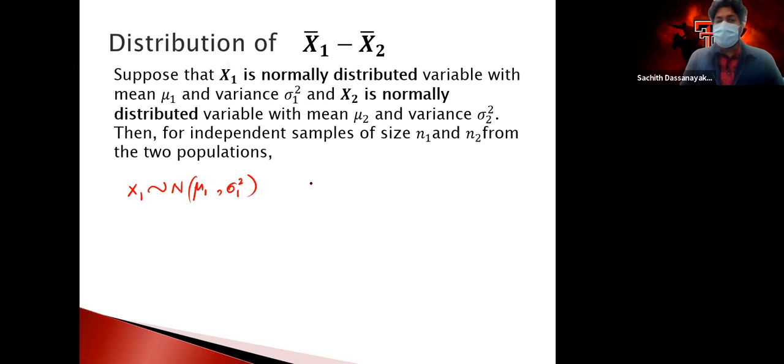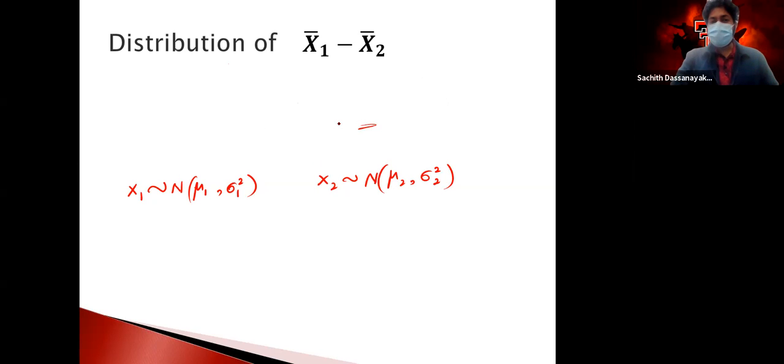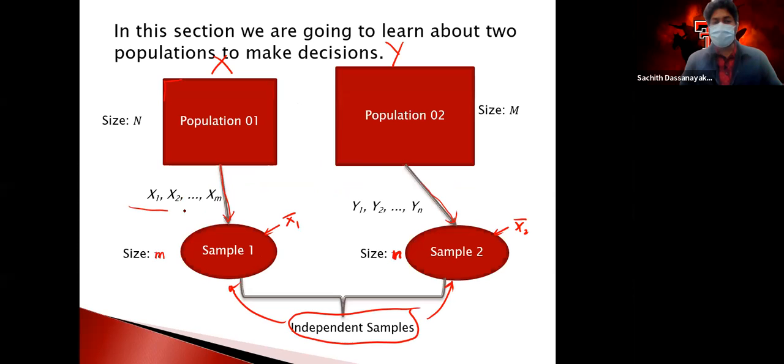Same here, x2 is normally distributed, mean mu2 and variance sigma 2 squared. You know that x1 and x2 are independent samples. Don't mix this x1 and x2 with these x1s, they are different.